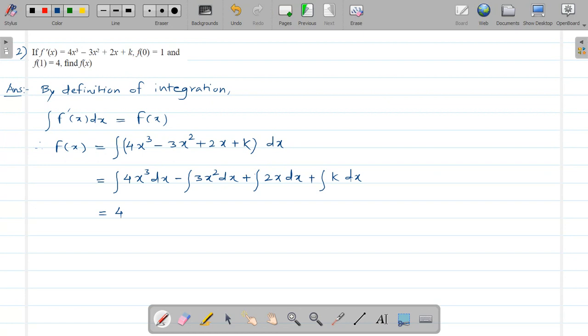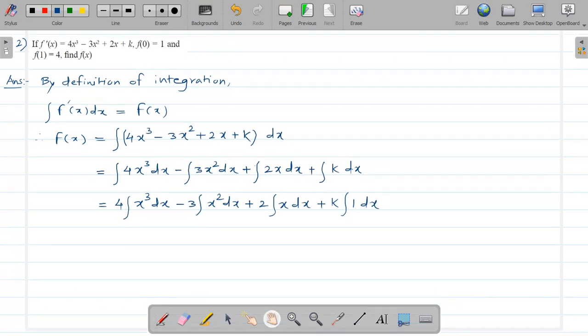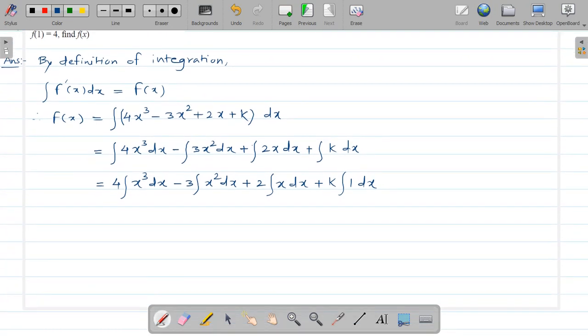Now here 4 is the coefficient of x cube, you can take it outside of the integration: 4 into integration of x cube dx minus 3 into integration of x square dx plus 2 into integration of x dx plus k into integration of 1 dx. Okay, so see here all the steps.